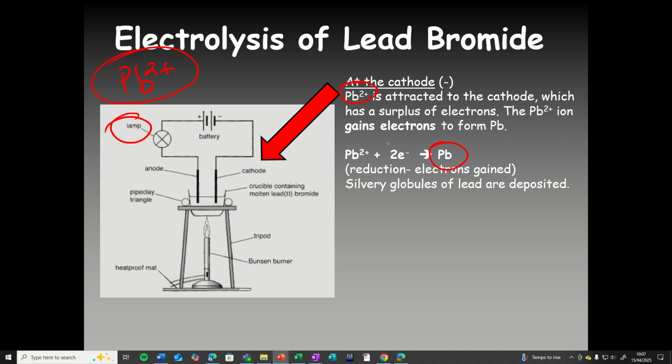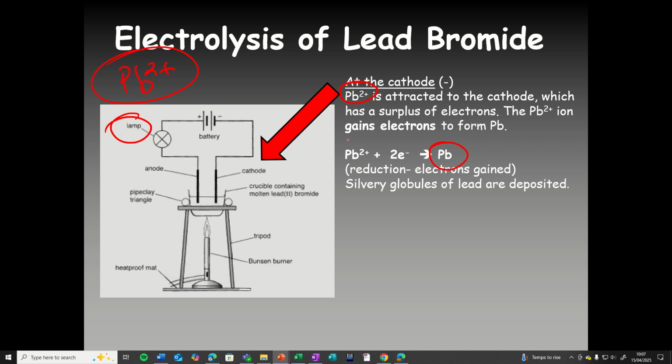Right, so lead 2+ we can say is short of electrons. It doesn't have enough electrons, therefore it's positively charged. It somehow at some point has lost electrons. It needs to gain electrons then to become pure lead. Remember I said earlier that everything in electrolysis becomes the element, and remember elements have no charge. It's only ions that have charge.